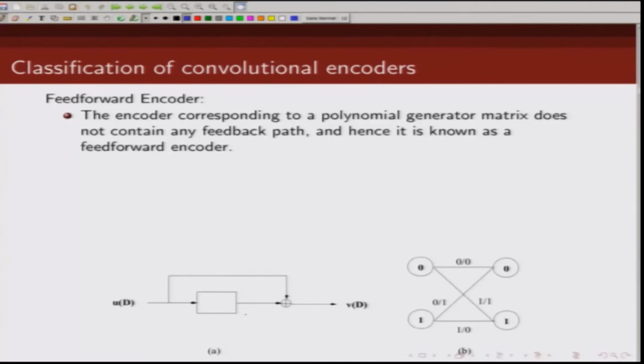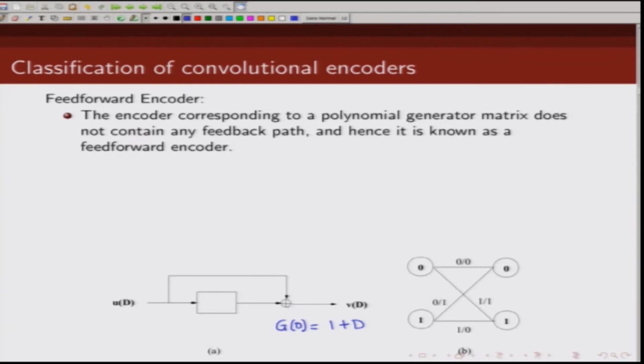Let us take this example. This is our information sequence. V(D) denotes our coded sequence. What is the generator matrix G(D)? In this case, it is given by 1 plus D. Note here, the generator matrix is a polynomial generator matrix, as opposed to a rational generator matrix, and there is no feedback from the output to the input side.